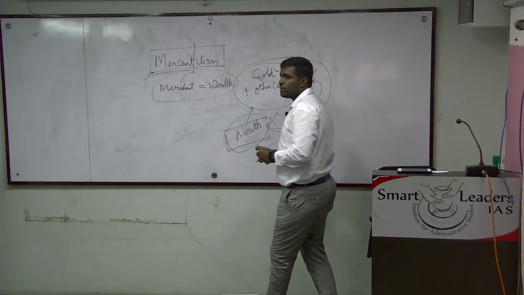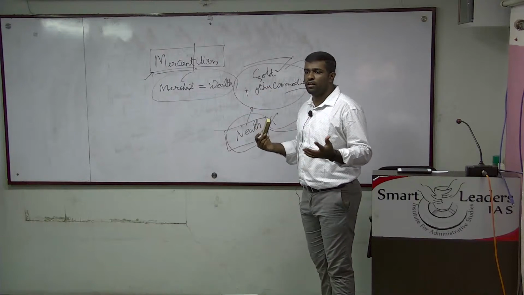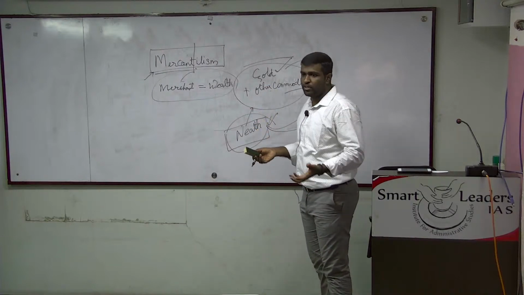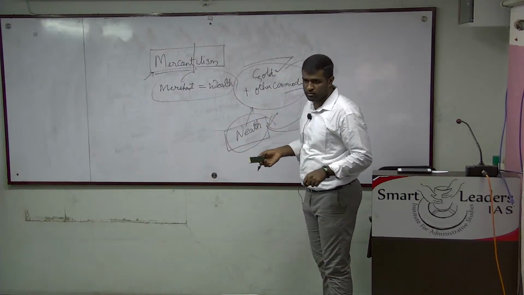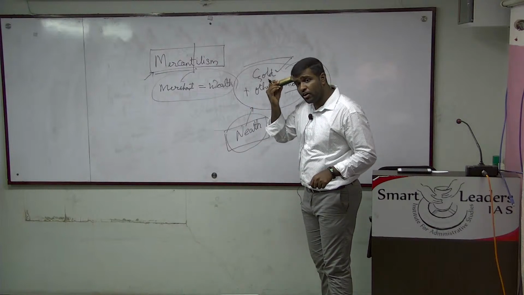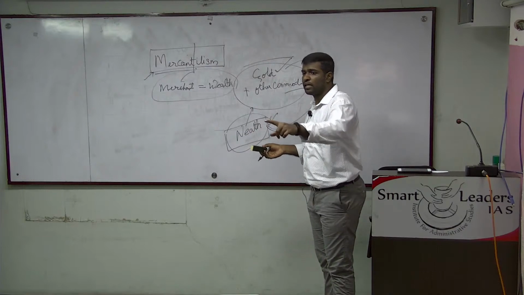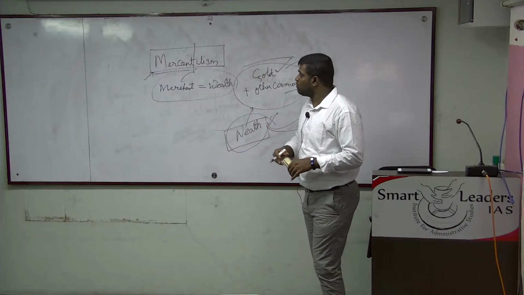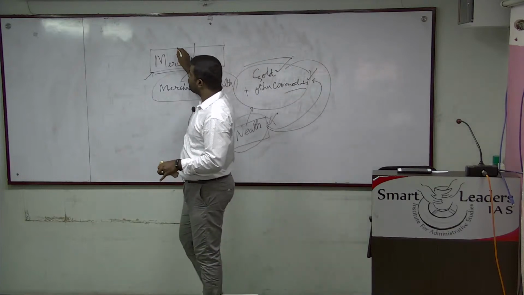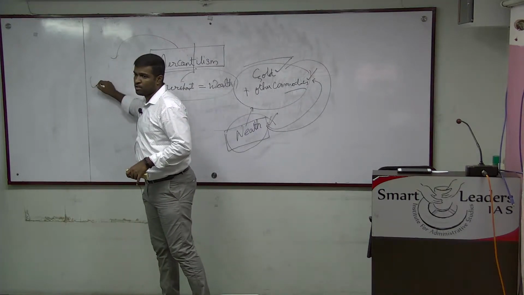If my wealth lies in another person's gold, I will go and capture that gold, and for that I have to capture that country. This kind of economic thinking, that to increase my wealth I should go and capture gold, is what led to colonialism.